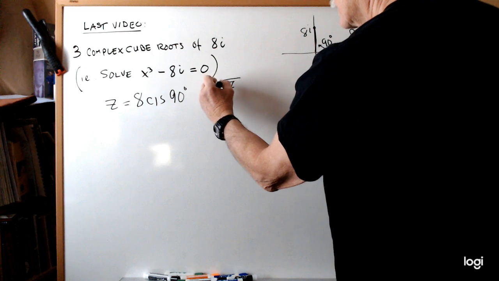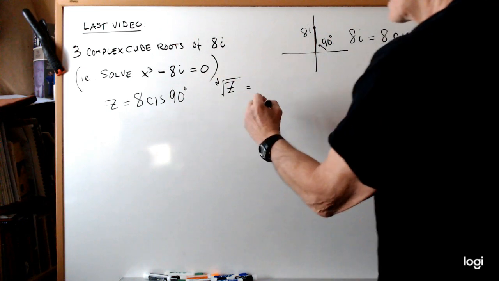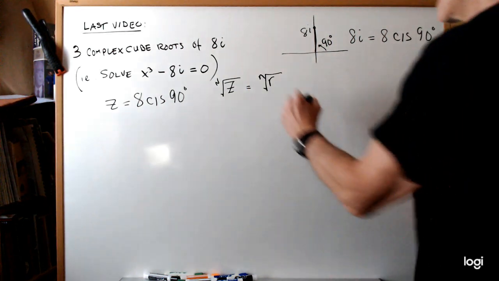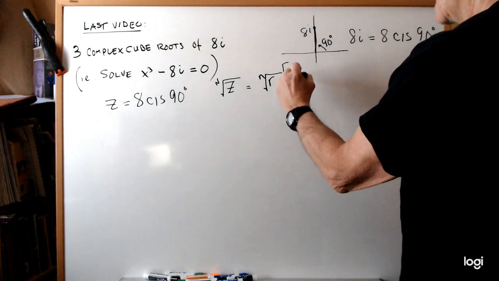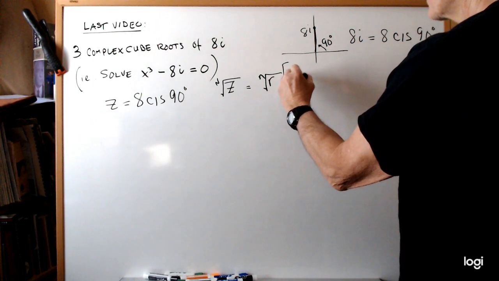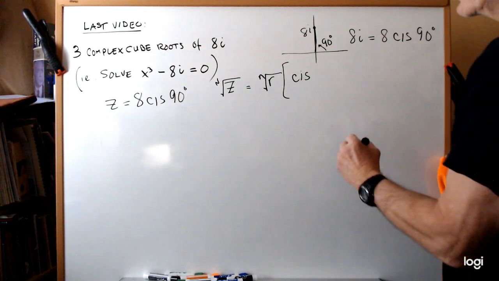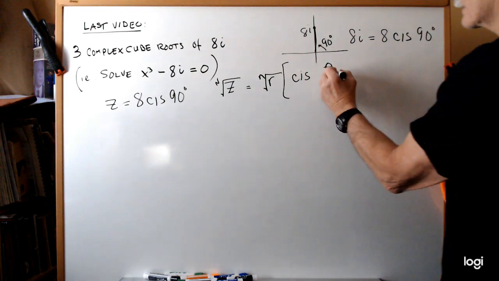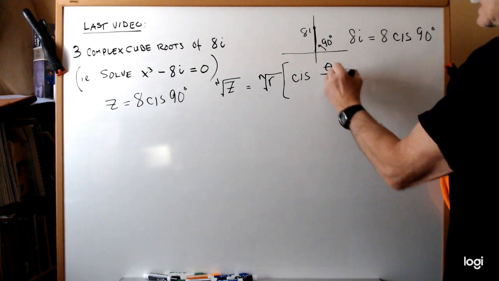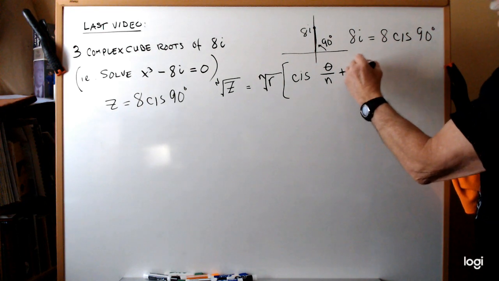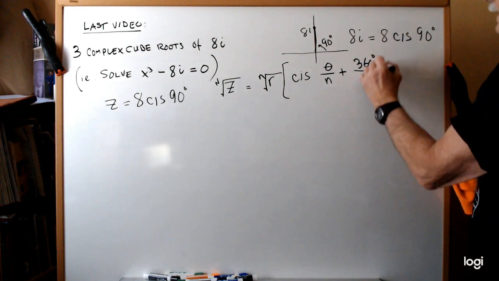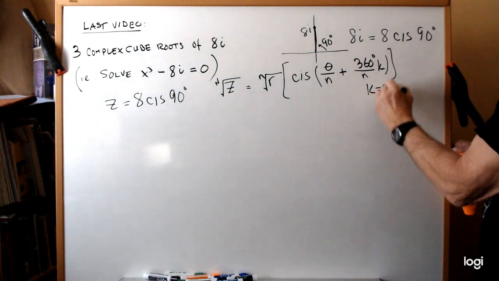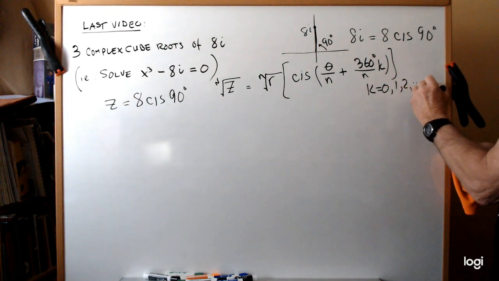The nth root would be, we take the nth root of the r value, and then we do cis, and we take the starting value of theta, divide by n, and add increments of 360 over n, and k is going to go from 0 to n minus 1.